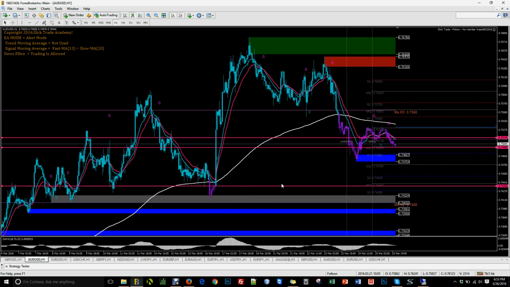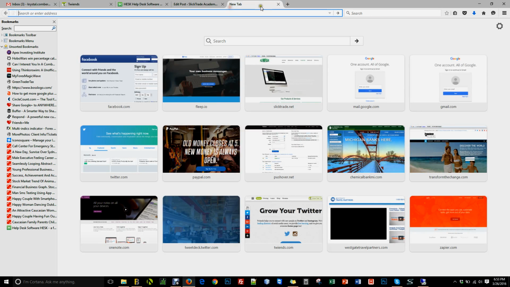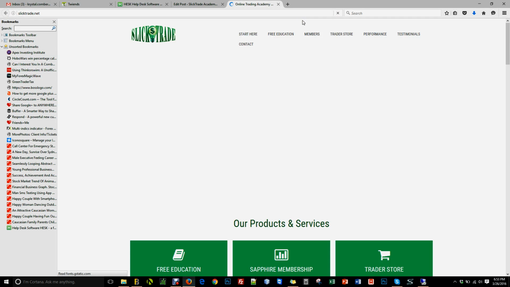Now, with FOMC and NFP, for second entry, when price moves heavily in one direction after the release of FOMC or NFP, which I did explain here. Let me just bring it up in case you're new or in case you haven't looked at all the strategies. I'd like to just show you where it's at.